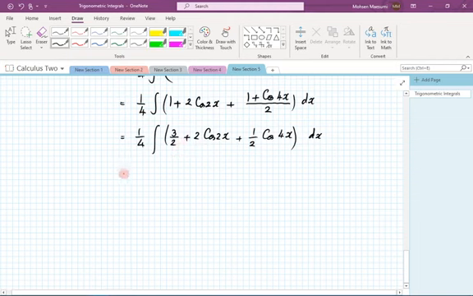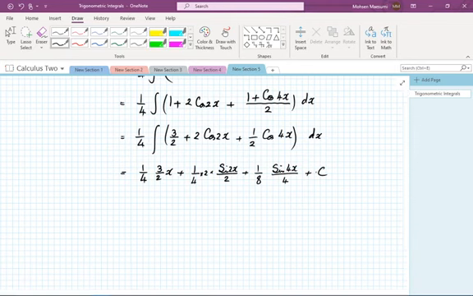So we have 1/4 times: the antiderivative of this one is 3/2 of x, plus 2 times sine of 2x over 2, and then 1/4 times half is 1/8, and the antiderivative of cosine of 4x is sine of 4x over 4, and then a constant. Then of course you can simplify it a little bit, and you'll have your antiderivative.